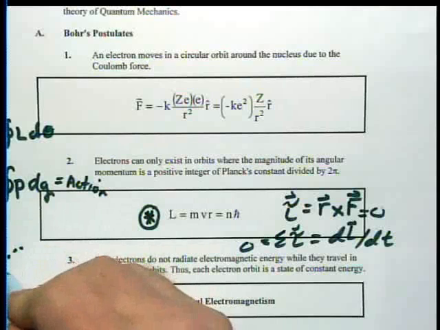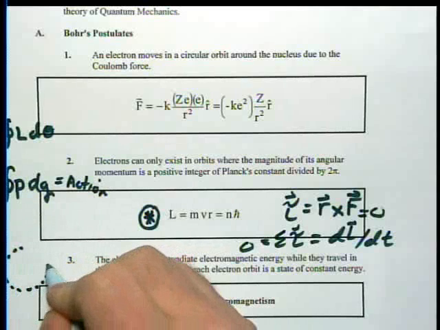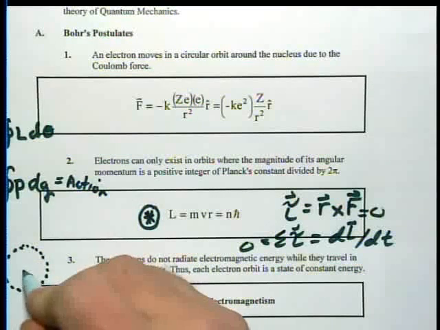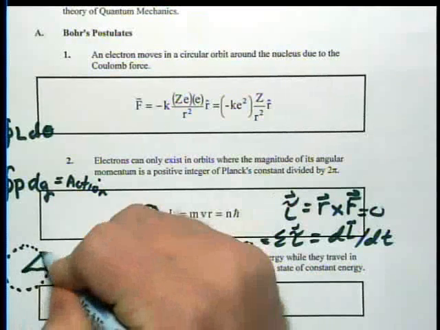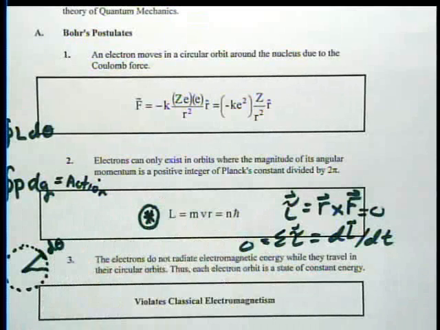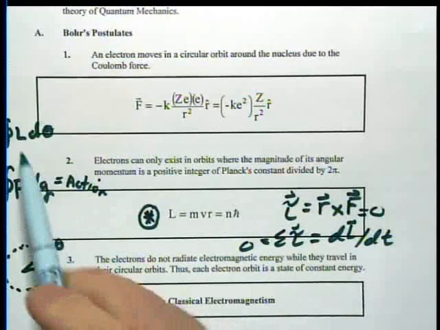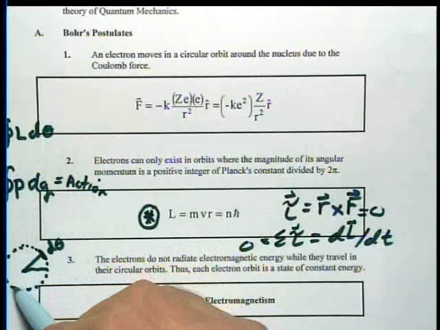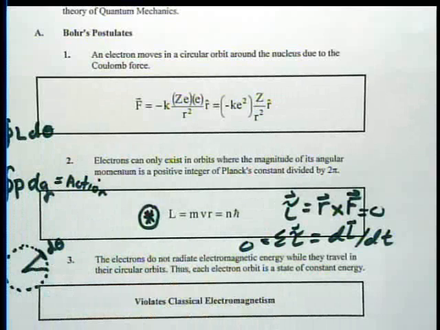So here's a path. He's taking a small d theta, and then he's taking the value of L, and he's multiplying it by d theta, and he's adding it up as he goes around that path to calculate the action.